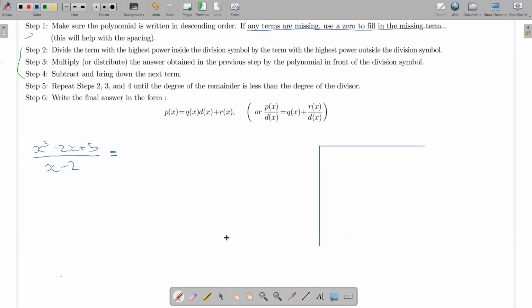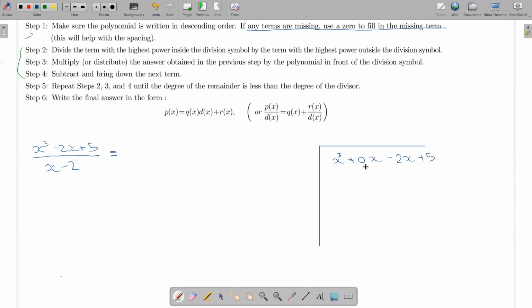Okay. So when I write this, it starts with x cube. Next one should be x squared, but it's missing. That's why it says plus 0x squared. Okay, plus 0x squared minus 2x plus 5.